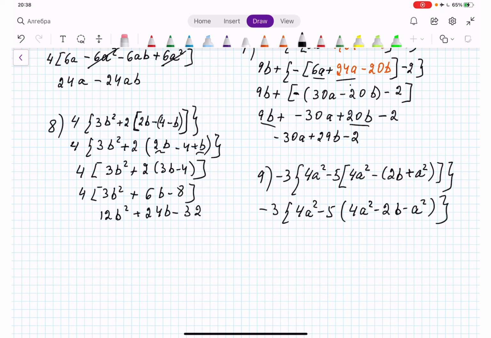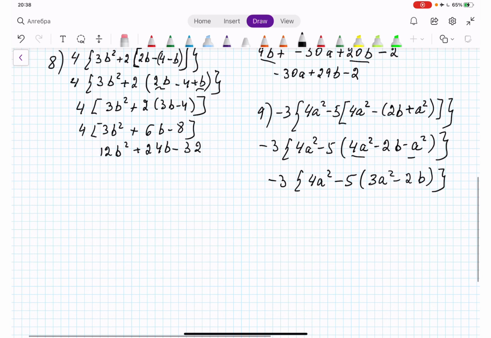Right? All right, like terms. It's going to be negative 3, 4a squared minus 5 times 4a squared minus a squared, 3a squared minus 2b. Okay, now let's multiply negative 3. I'll put square brackets, 4a squared minus 15a squared plus 10b.